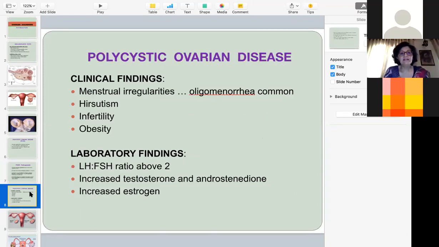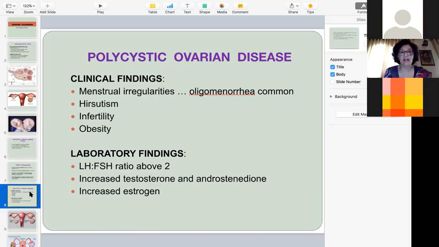Clinically, these present with menstrual irregularities, typically oligomenorrhea or even amenorrhea. There is hirsutism, that is male-like features, there is infertility, and there is obesity. So they may present with any of these clinical findings. In the lab findings, the LH-FSH ratio is above 2. That is, LH is increased to more than 2 times FSH.